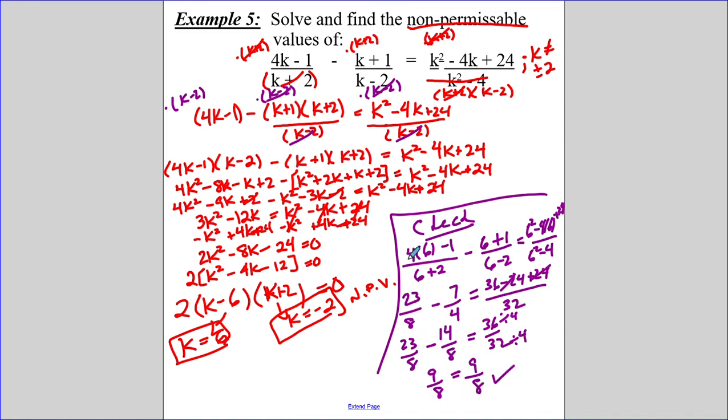So that checks out. So k is equal to 6 is my right answer for this one. K is equal to negative 2 is a non-permissible value for this question. So k is equal to 6, also with the idea that k is not equal to plus or minus 2 as a non-permissible value.